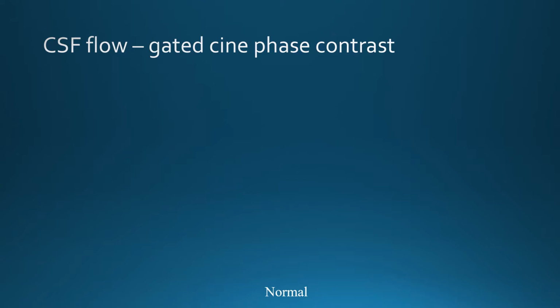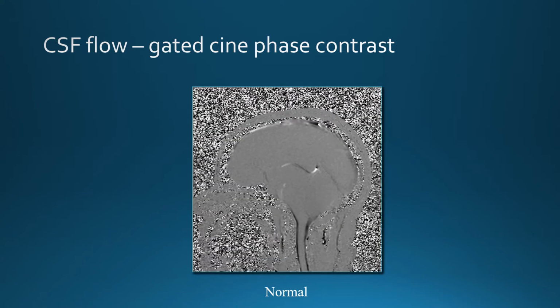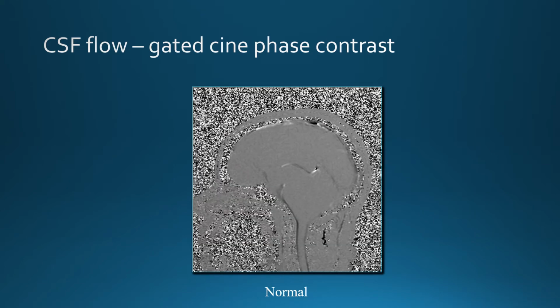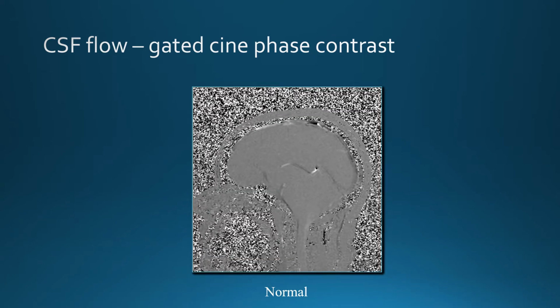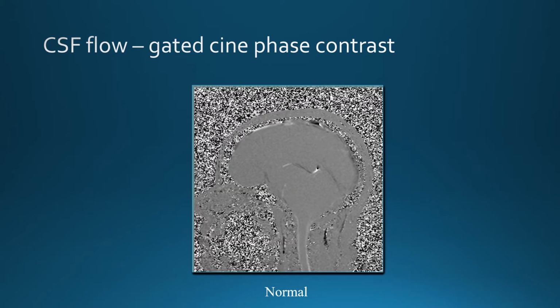We occasionally will use CSF flow gated cine phase contrast images to evaluate patients. So I'm just going to show what a normal looks like. CSF anterior and posterior to the spinal cord should be the same signal.